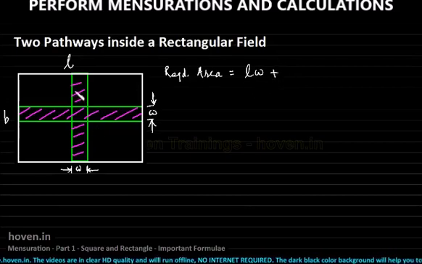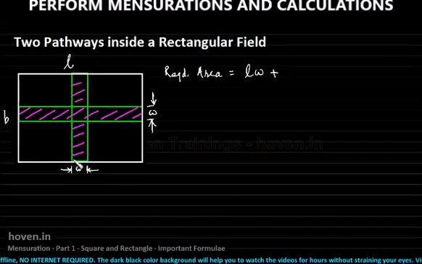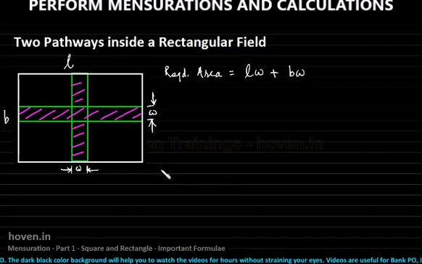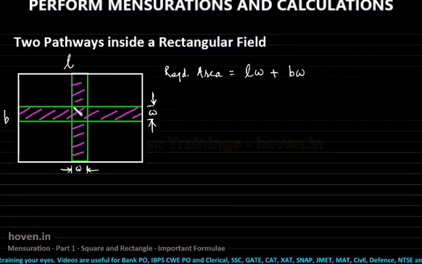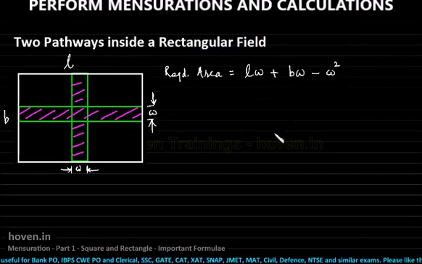To this, let us add the area for this strip, the width of which is W and the length of which is equal to this B. But as we have done, this square has got included twice, once with this pathway and secondly for this pathway. Let us remove this once. And what is the area of this? W into W. Remove W square.